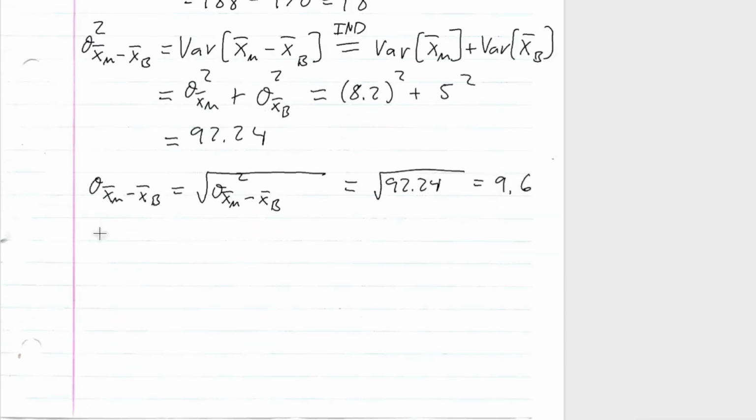So the distribution of x bar m minus x bar b is approximately normal with a mean of 18 and a standard deviation of 9.6.